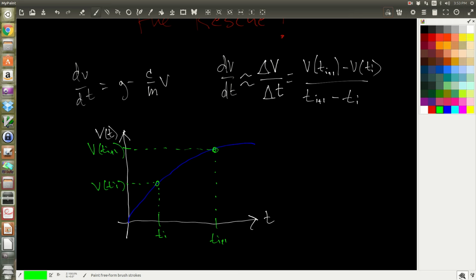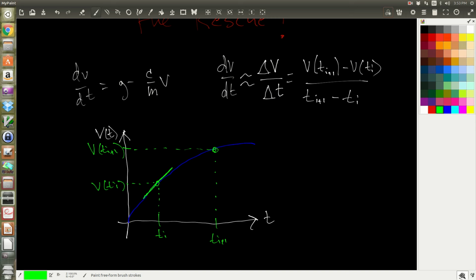So what we'd like to do is approximate the derivative at v sub t i. The derivative is literally the slope of this tangent line that touches this curve right here at t i. That's the true derivative.